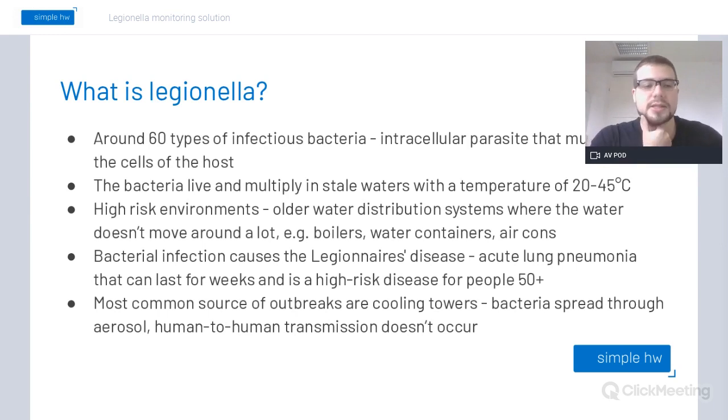This means that the most common sources of outbreaks are cooling towers, leaking pipes, older pipes, and so forth.